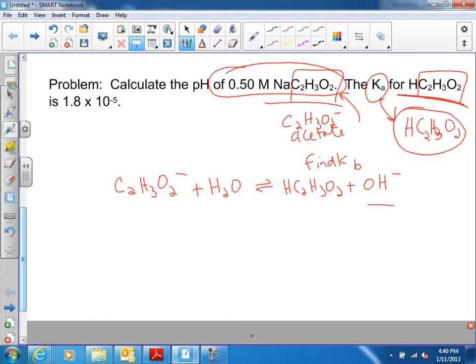So a base should form hydroxide. Acids form hydronium ions. Okay, I can set up my ICE box. 0.5. I don't have any of this stuff present initially, and I can ignore the water. The reaction has to go to the right because I don't have any product sitting around.